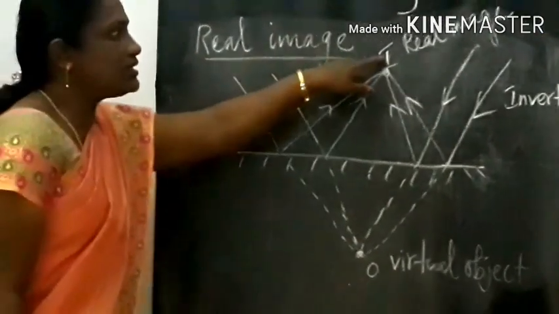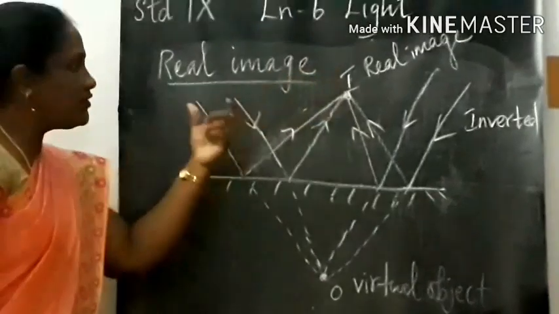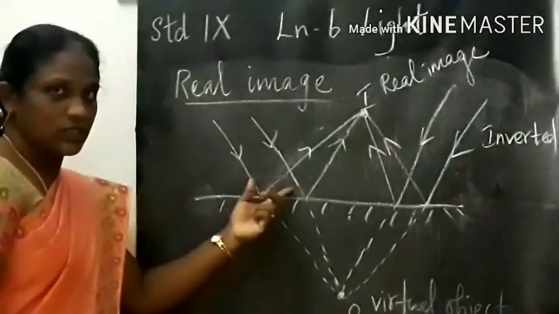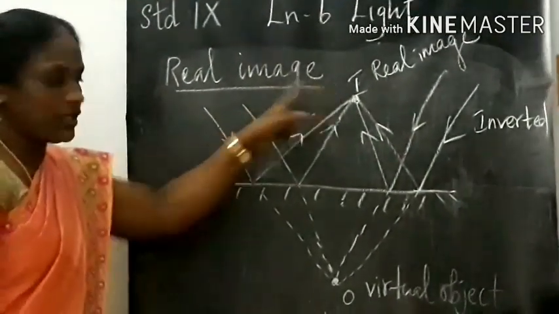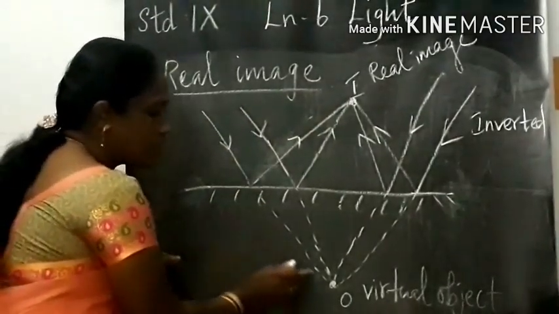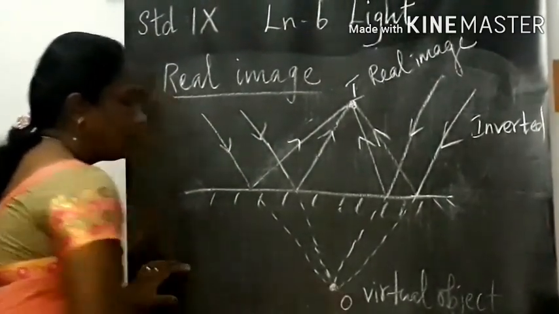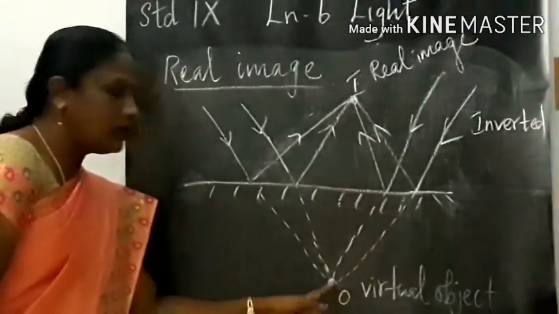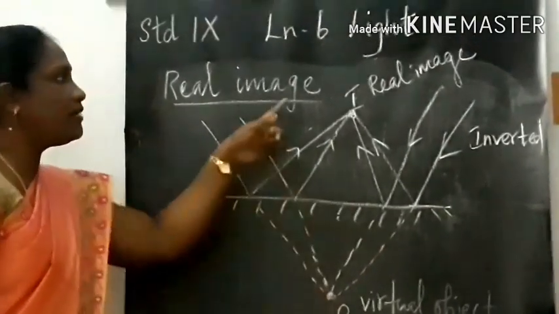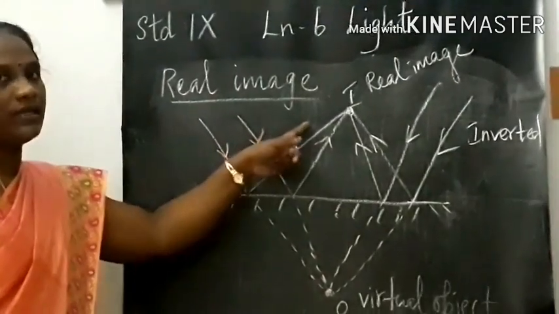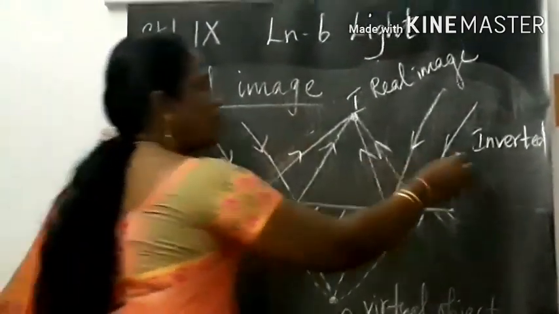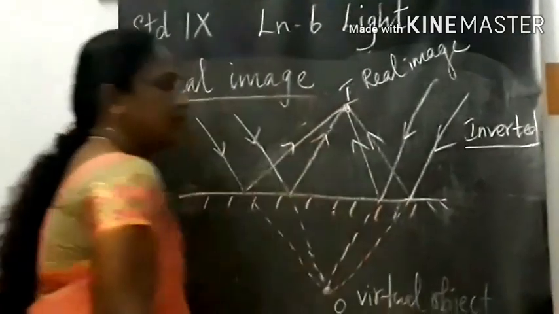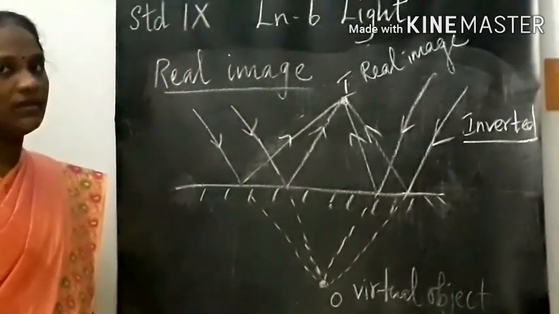So when do we call this a real image? If light rays coming from an object, after reflection, meet at a point, see, all the rays are meeting at a particular point, then the image formed is a real image, and it will be an inverted image.